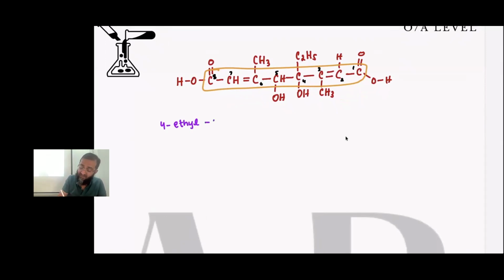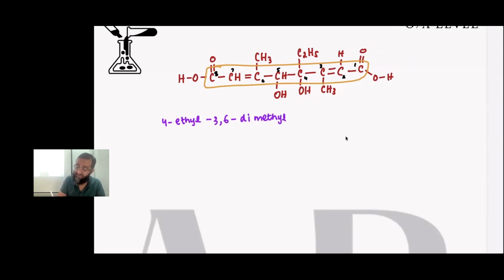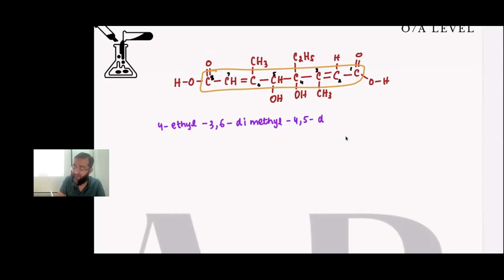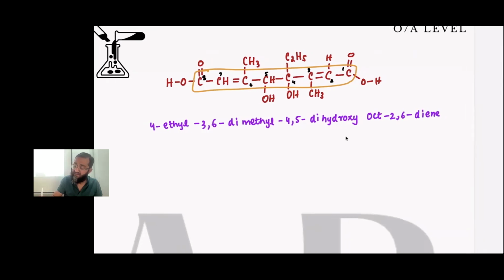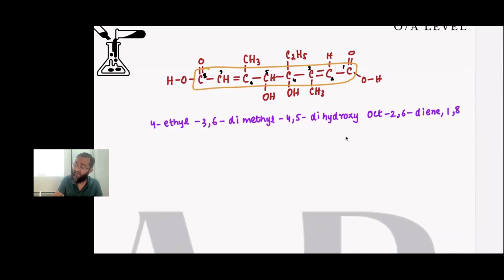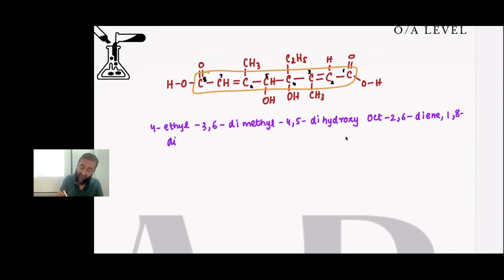Then 3,6-dimethyl. Then 4,5-dihydroxy, because there is a carboxylic acid, so the alcohol would be written in the prefix. Now oct-2,6-diene-1,8-dioic acid.